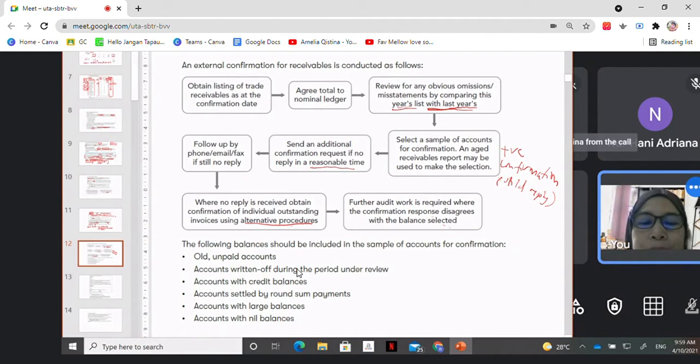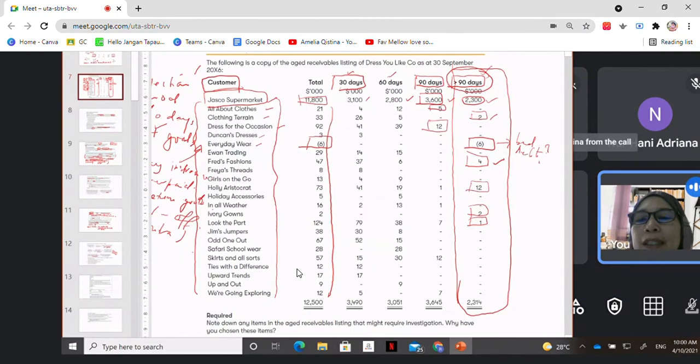So how you are going to choose which balance you want to sample for the confirmation? Because normally, in this situation, there are no big major customer, so you might send to all, because there's not much customer you need to send a letter.